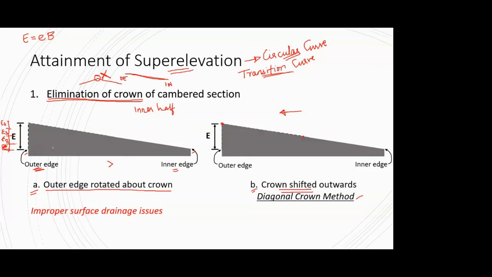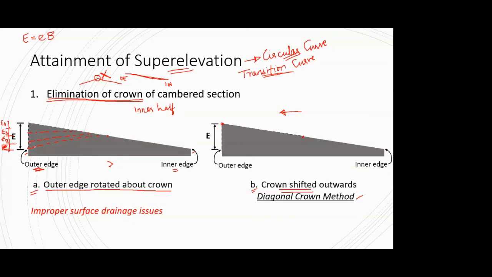What I mean by surface drainage issues is, if this was the crown, and I show the dotted lines, you had done something like this: you had raised the outer edge. This outer edge you have raised over the inner edge.